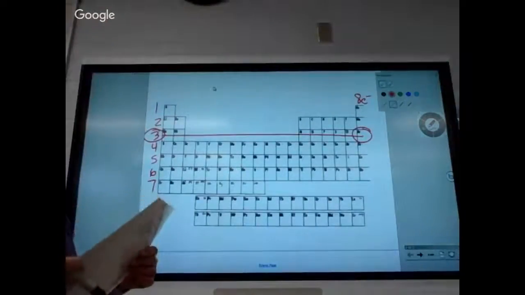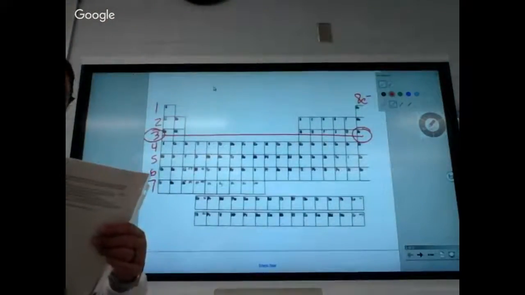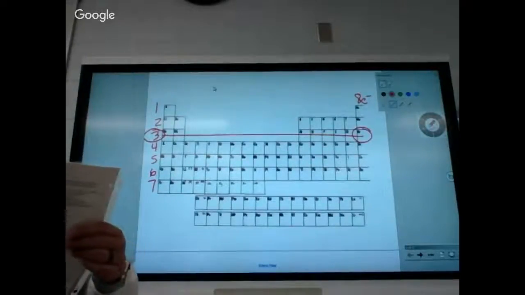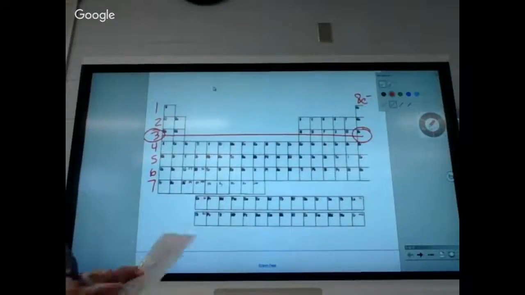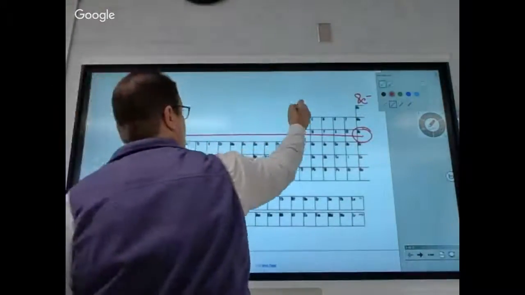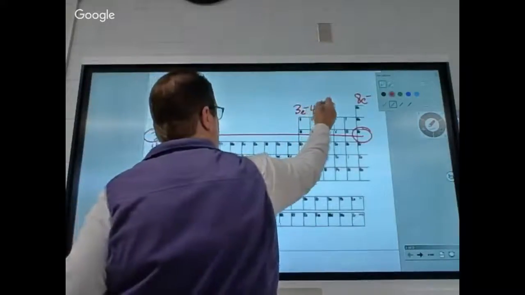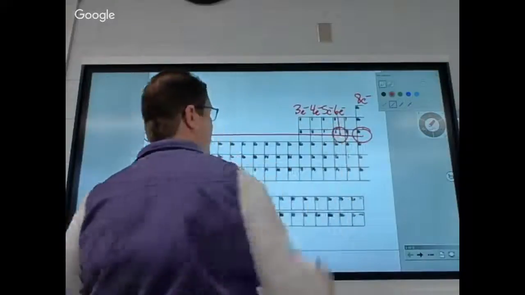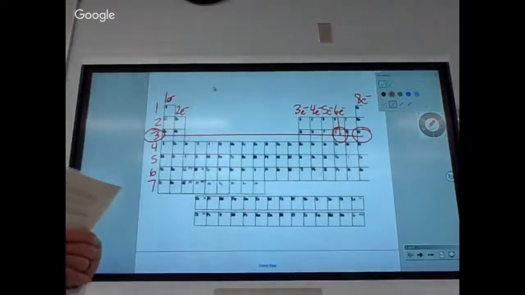That's not bad. Most days I can't get those straight. All right. F, the number of electrons in the electron dot symbol for sulfur. 1, 2, 3, 4, 5, 6. Sulfur has how many? 6 dots.